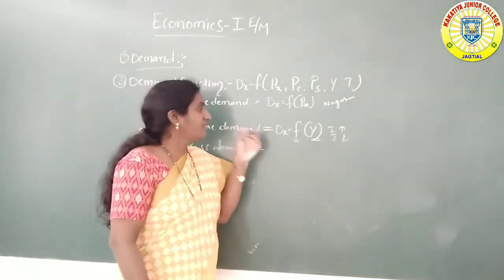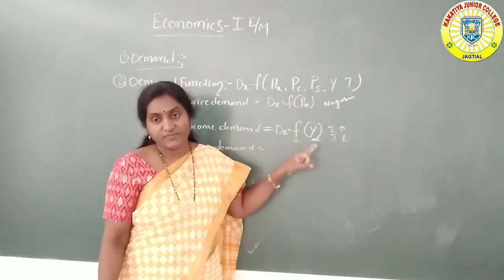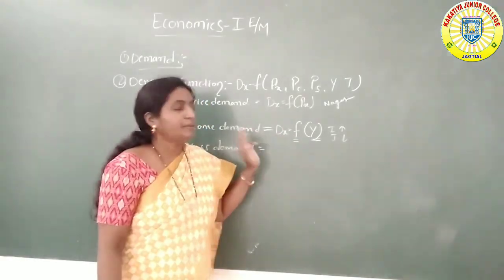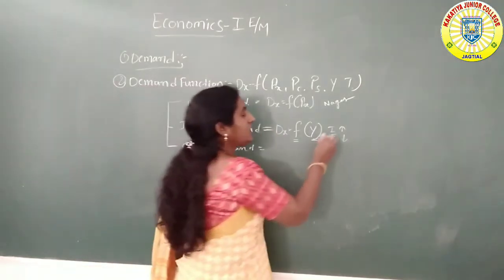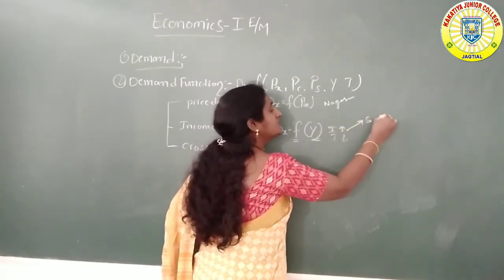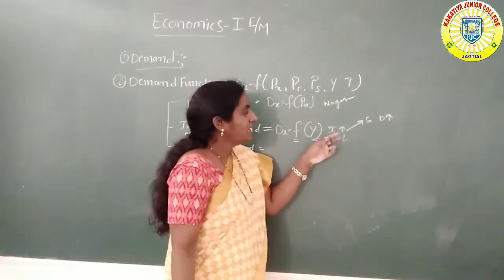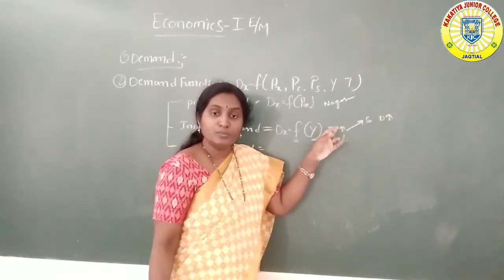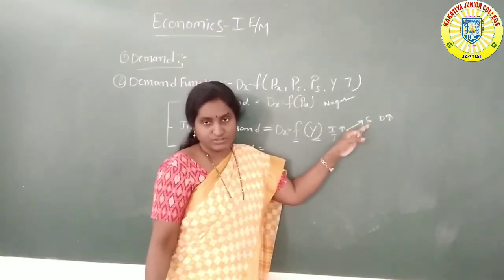In the case of income, there are inferior goods and superior goods, and for both the consumer has different purchasing power. For example, when the income level of the consumer increases, demand for superior goods increases. When income is high, the consumer prefers to buy superior, better goods.